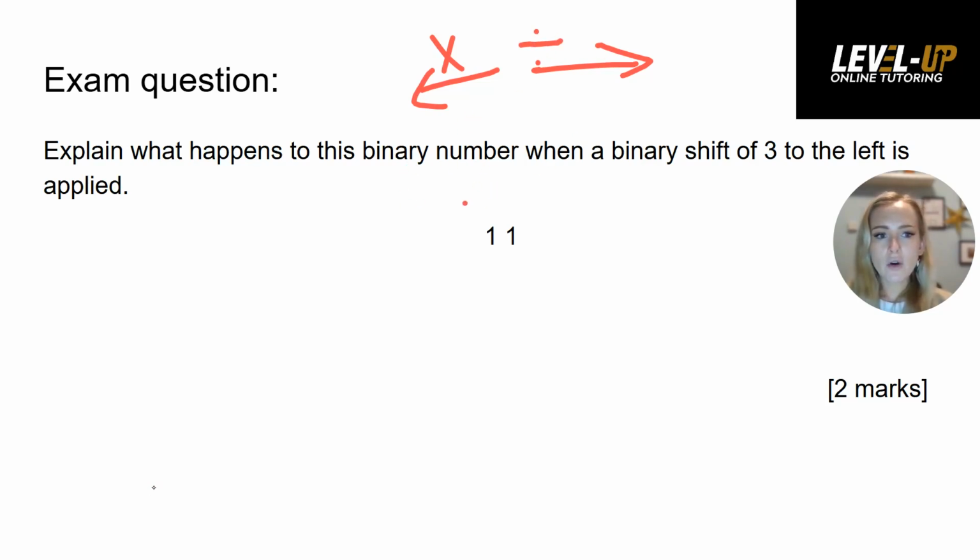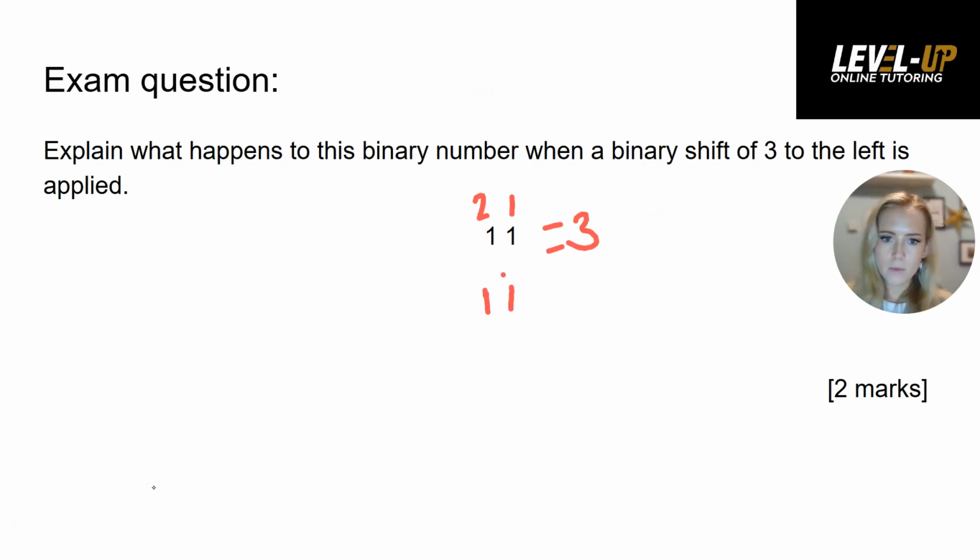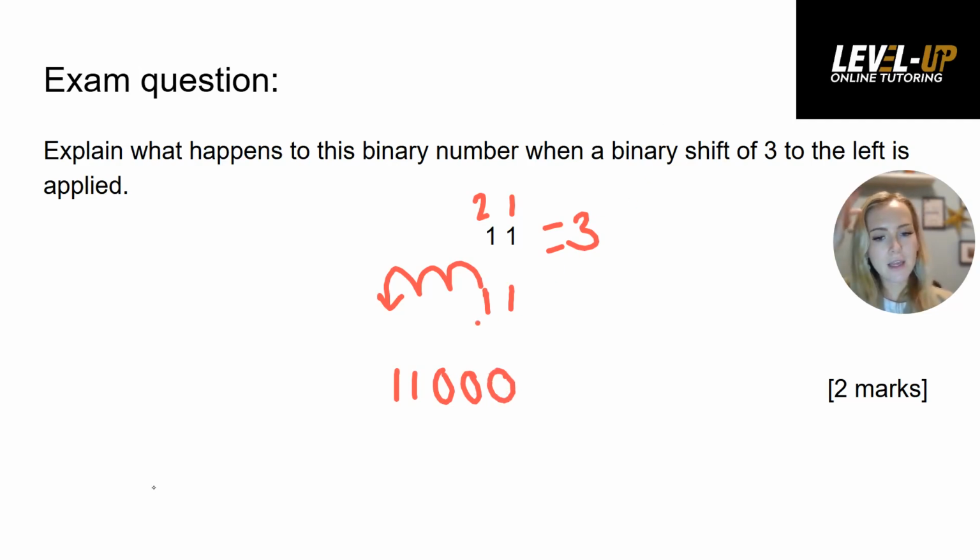A shift of 3, well, if we look at this number here, currently this number is 3. Okay, so what I'm going to do is move this 3 times. 1, 2, 3. So we now get 1, 1, 0, 0, 0. 3 zeros there as it's a shift of 3. So we know multiplication is to the left, division is to the right.